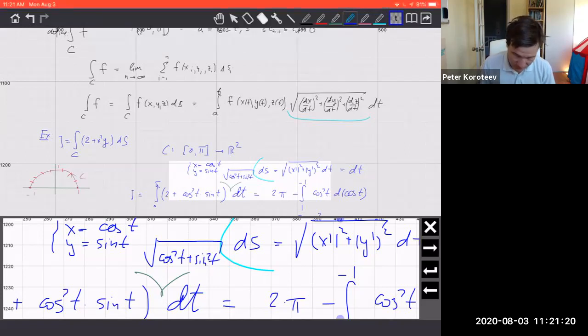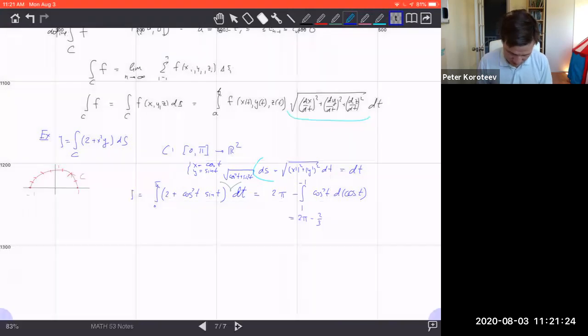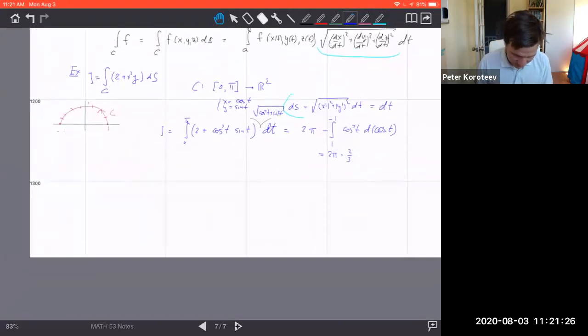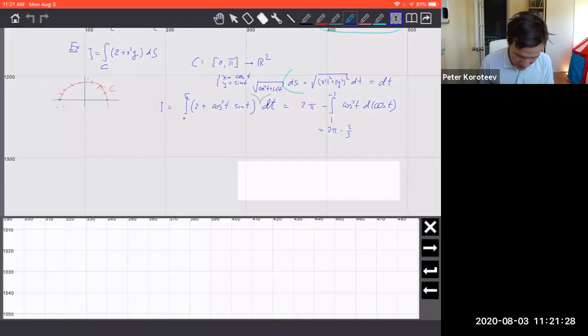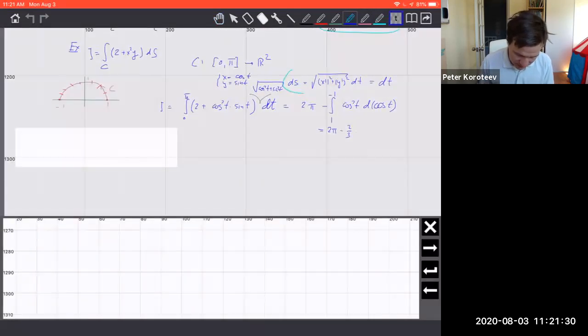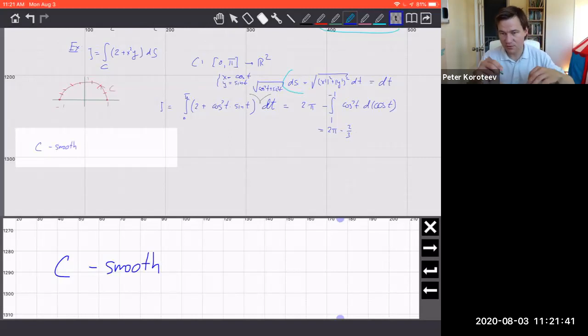Yeah. So now let's look at an example where it does make a difference, and we'll consider the so-called piecewise smooth curve. In the definition, we assume that the curve C is smooth. That means it's differentiable, and there are no critical points.